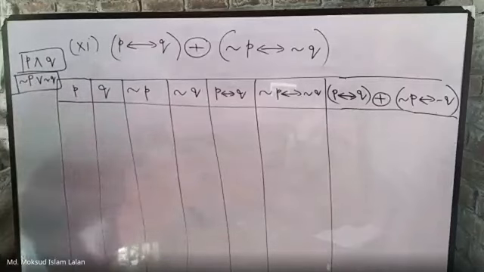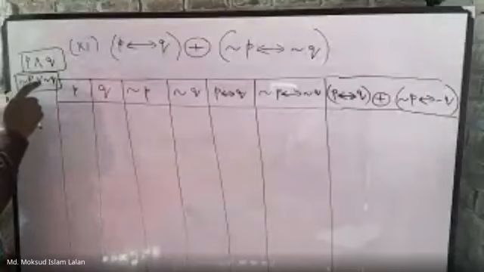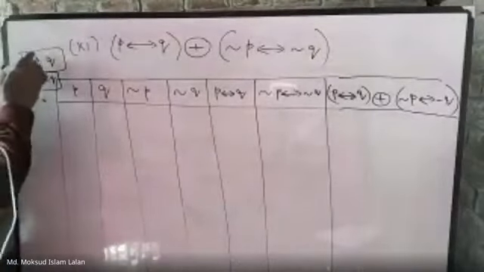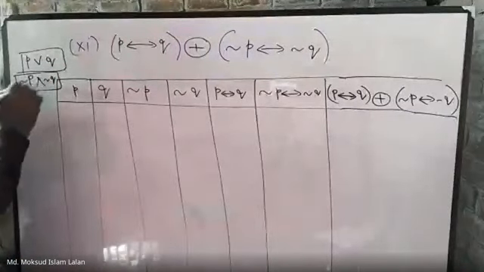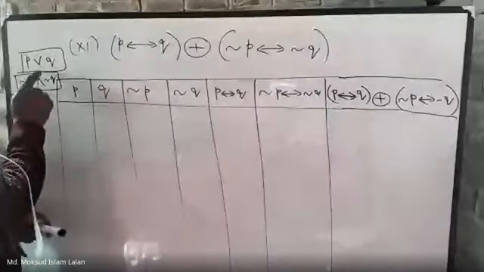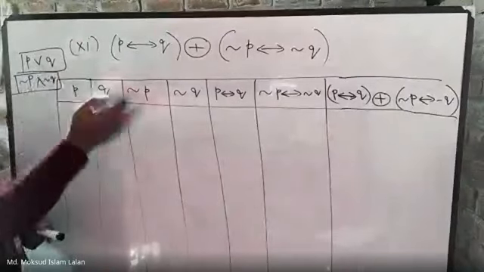For P conjunction Q, what is the result, and for negation of P disjunction negation of Q, what is the result? If you compare these two, you will get your answer, right, Munna? Okay, sir. Please keep a note. Disjunction or conjunction does not matter, just take the opposite, then compare the result, and you will get the answer.